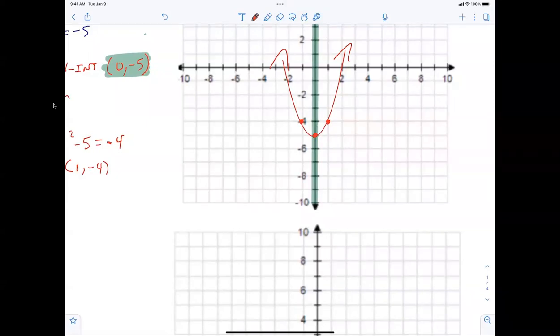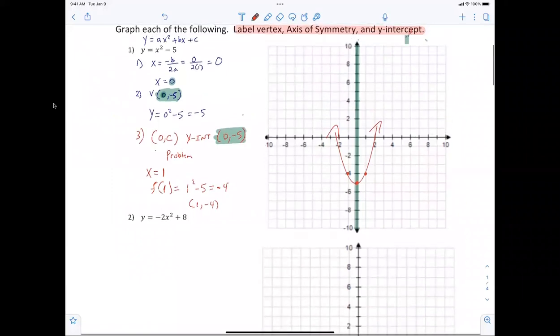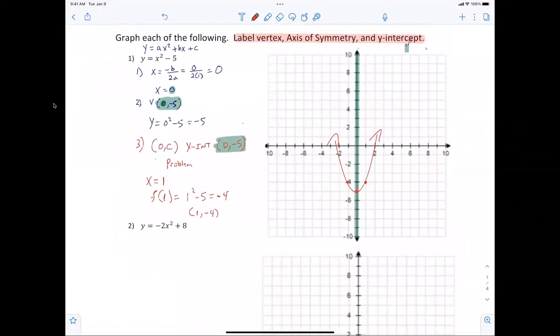All right. Now, everybody take out your handy dandy calculator. Everybody type in y equals x squared minus 5. You're supposed to look at it and say, okay, that's pretty much what we just graphed. Everybody's okay with that?